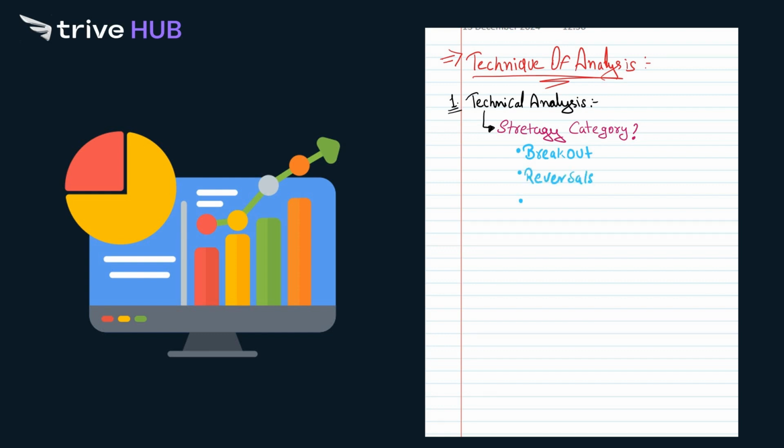Then reversal is also a good trading strategy. If you are into reversals, you understand reversals very much, then it will be a good thing to trade with reversals only. Or if you are a news based trader, combining fundamentals and news to initiate your positions, then you have to mention it.